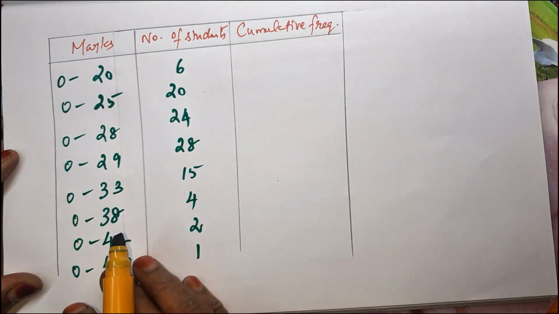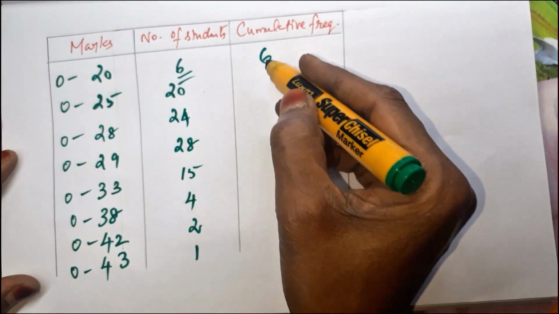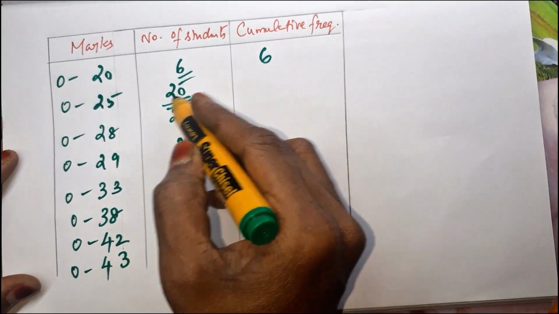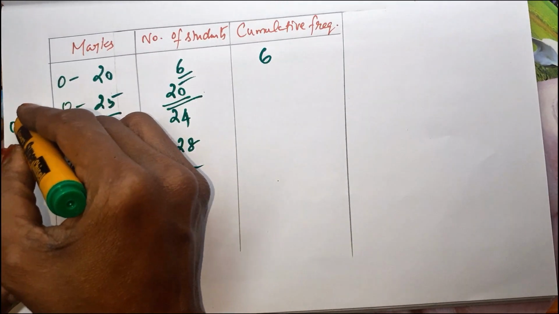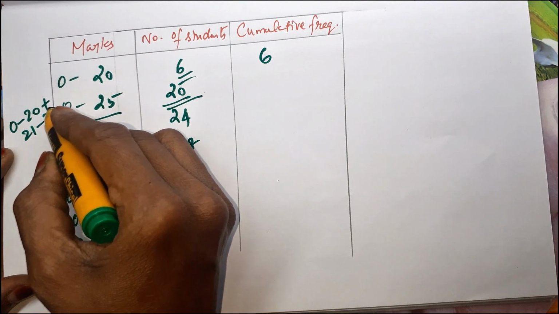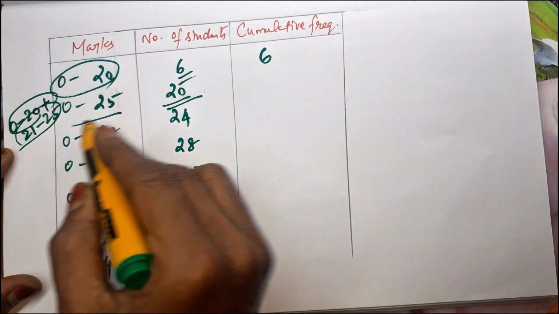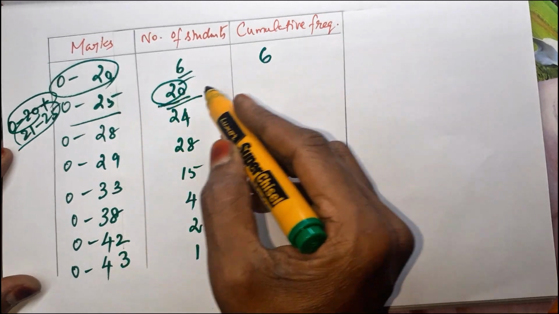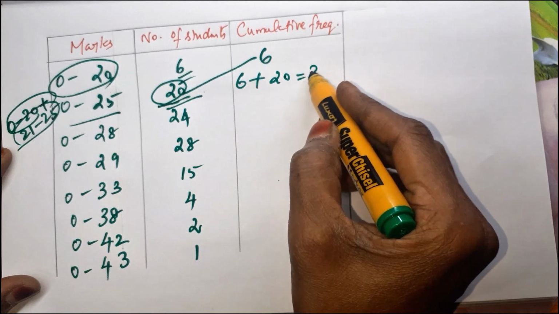From 0 to 20 means the first value as it is I can take. From 0 to 25 means 0 to 20 plus 21 to 25. 0 to 20 is 6 and 21 to 25 is the given data. So 6 plus 20, which is 26.